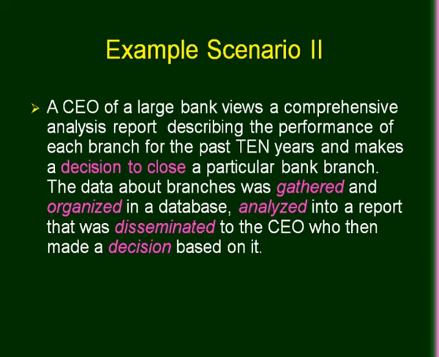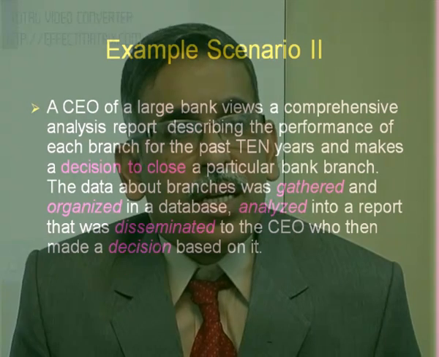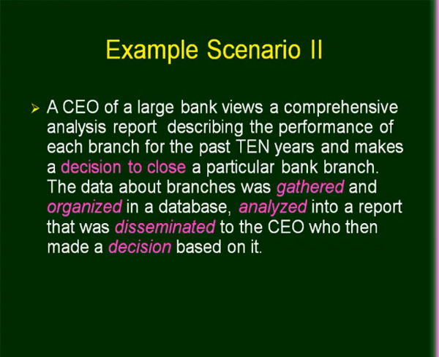Then how is he taking a decision? So the data about branches was gathered. Here, the data about the branches gathered means not the day-to-day transactions or day-to-day operations of the bank. Maybe monthly or quarterly or yearly, the performance indicators are calculated based on some formula.